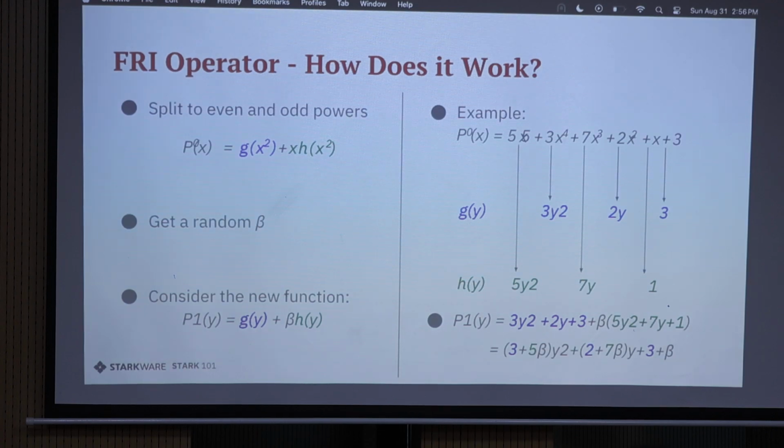We wanted to calculate f of x at the m roots of unity. Since it is of degree n, using a naive process it would take m times n. But we can do it efficiently in m log n complexity.